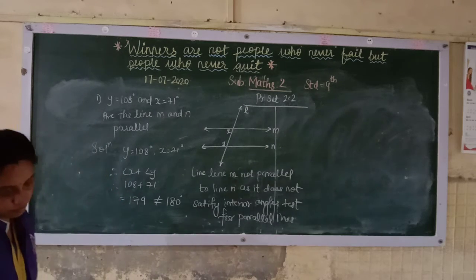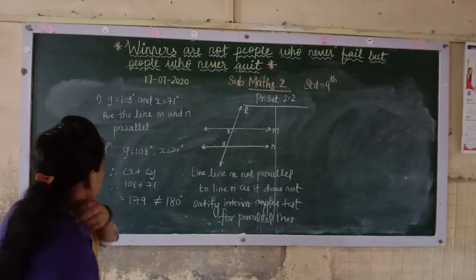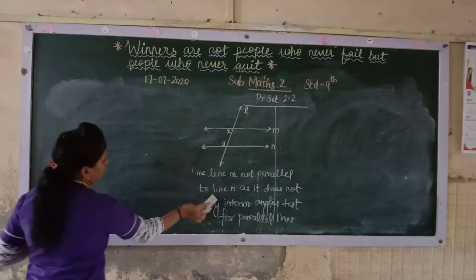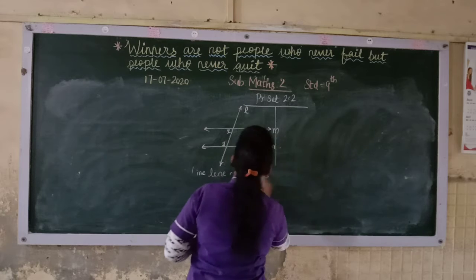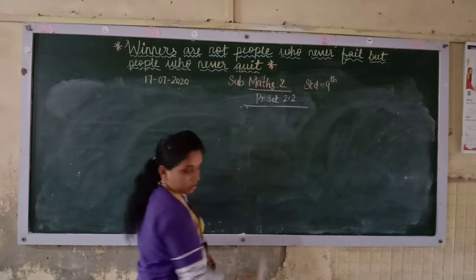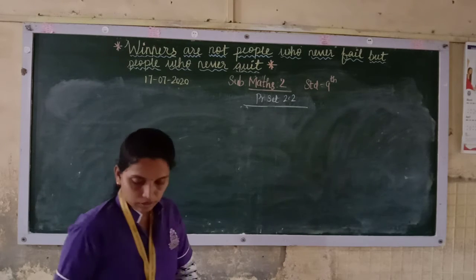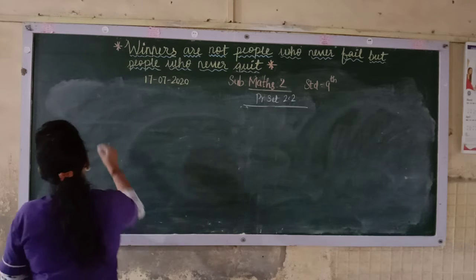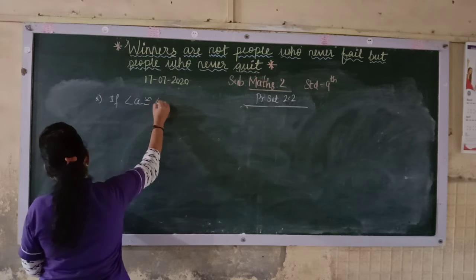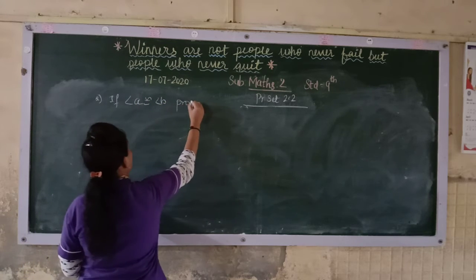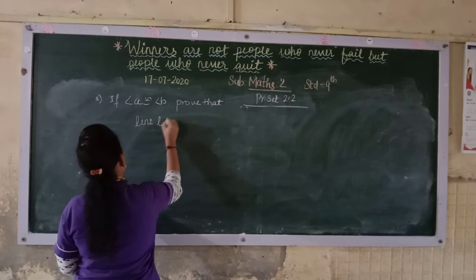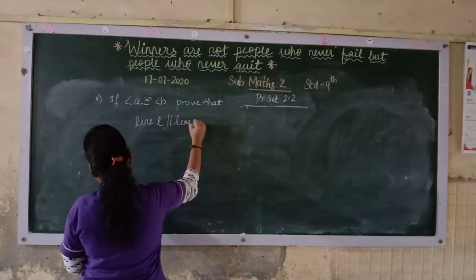Now you see further, the second one. Now in the second one, they are given: if angle A is congruent to angle B, then prove that line l is parallel to line m.